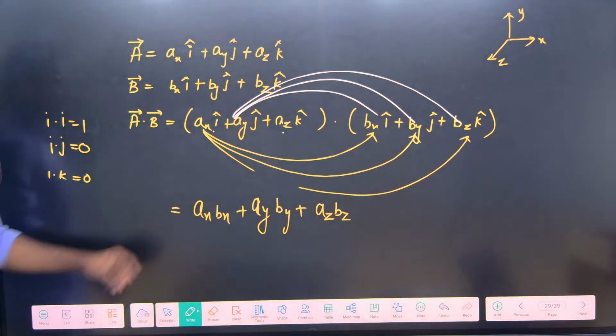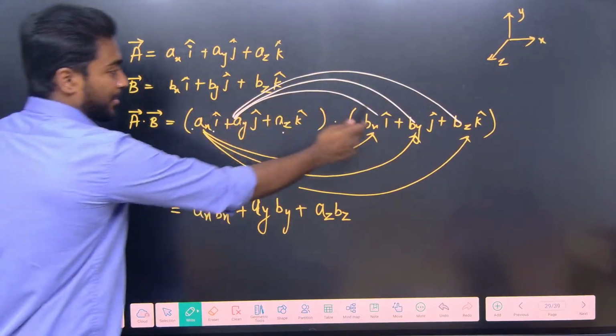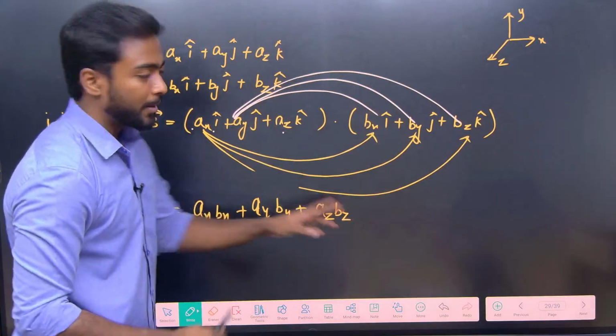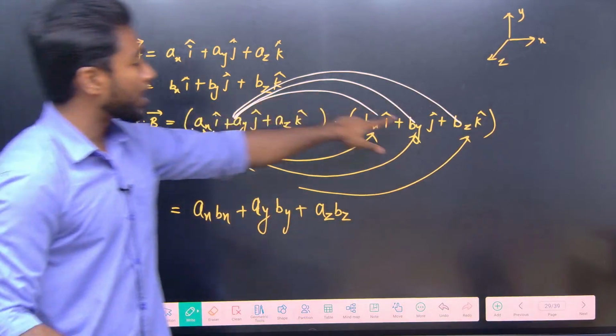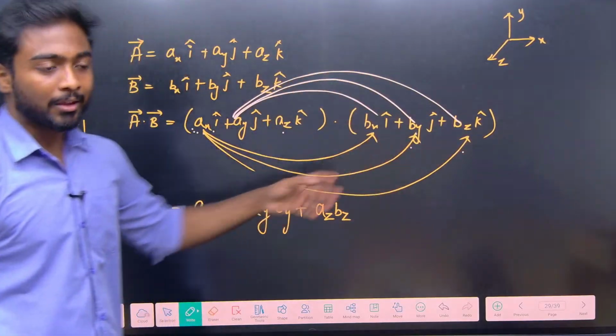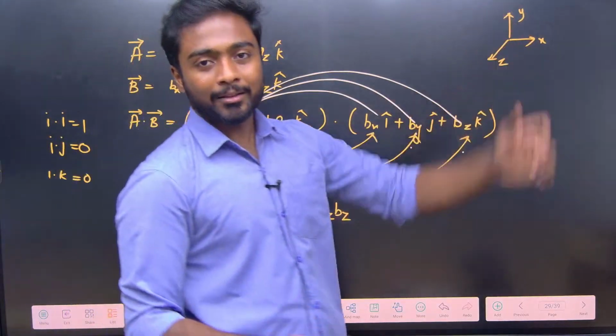That's it. Whenever you have this kind of problem, x and x you can multiply, plus y and y, plus z and z. No need to multiply ax and by, or ax and bz; obviously I will get the value as 0. Then why do I need to expand the things?